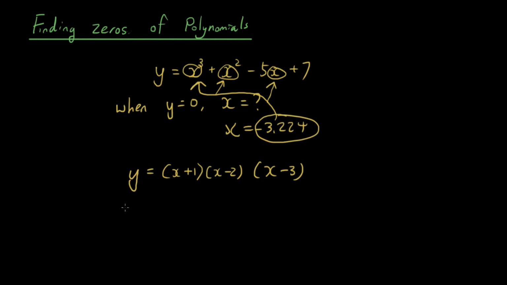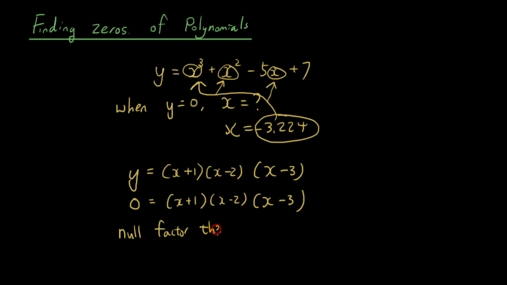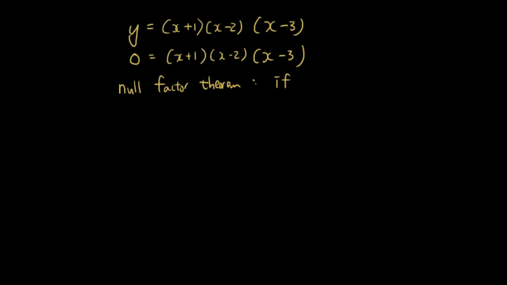If you have 0 equals (x plus 1)(x minus 2)(x minus 3), you can use the null factor theorem, which states that if you have a times b equal to 0, then either a equals 0 or b equals 0.